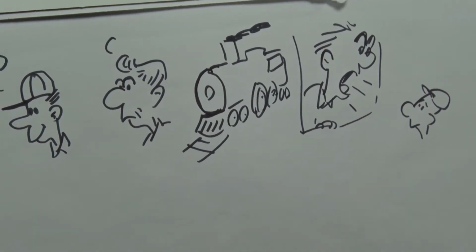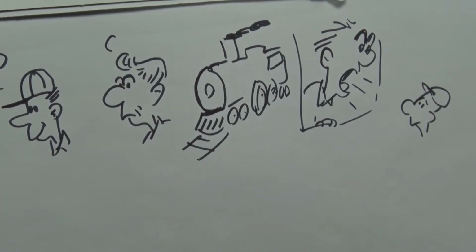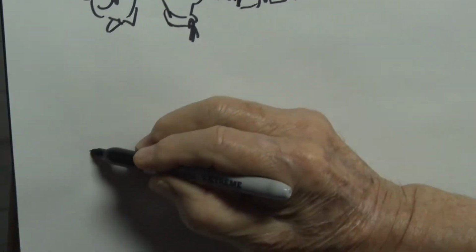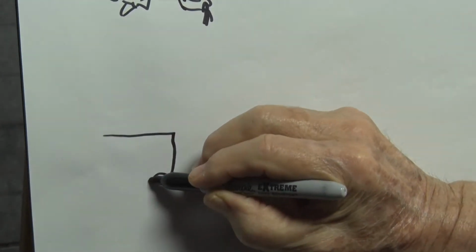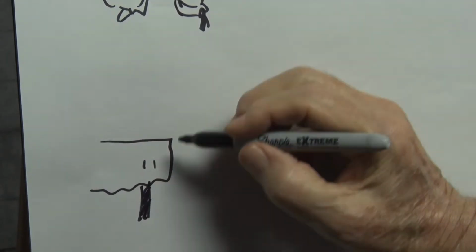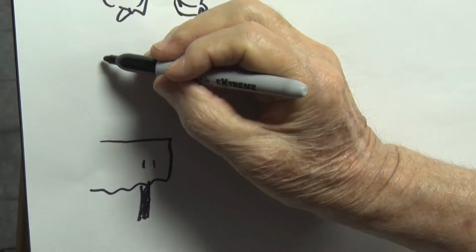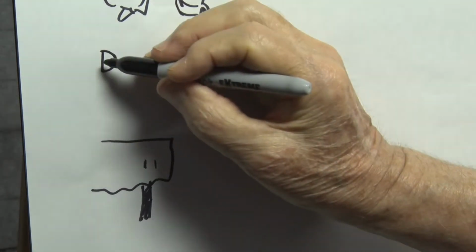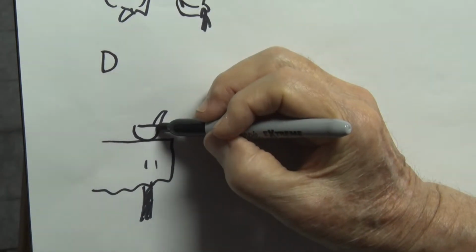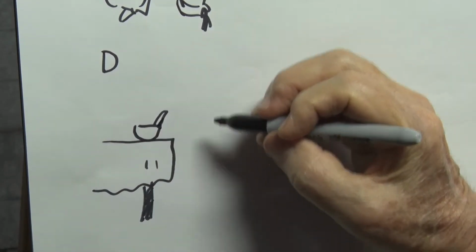Now the D, one of the easiest Ds, well, I'll show you. First, let's have a table, like it's a kitchen table or a dining table. And you turn the D over. Bowl of soup or something. See the spoon handle sticking out?